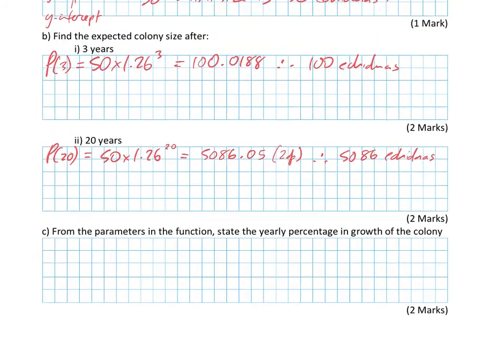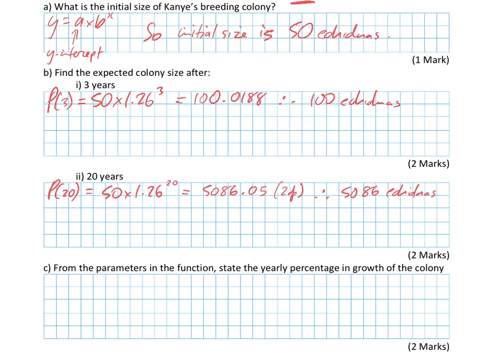From the parameters in the function, state the yearly percentage growth of the colony. So remember back, y is equal to a times by b to the power of x. B is the multiplier. So here we had t is equal to 50 times by 1.26 to the power of the time. 1.26 is 126%.